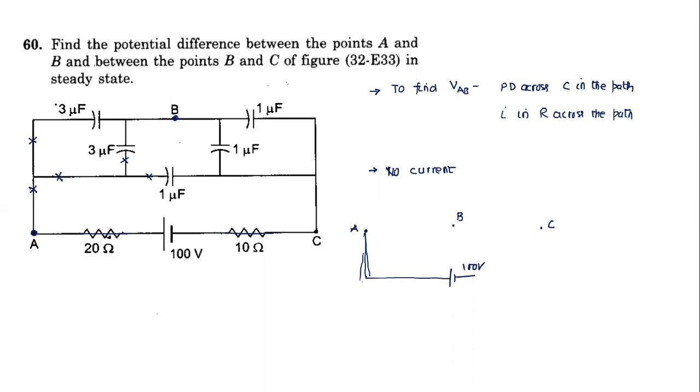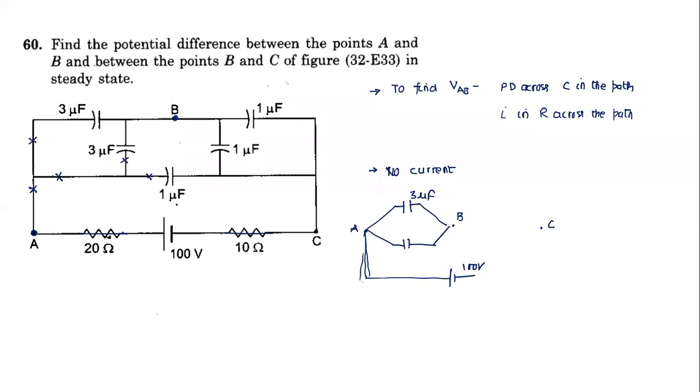So how do we draw? This 3 microfarad is connected between A and B. This also is connected across points A and B, so these three are in parallel.